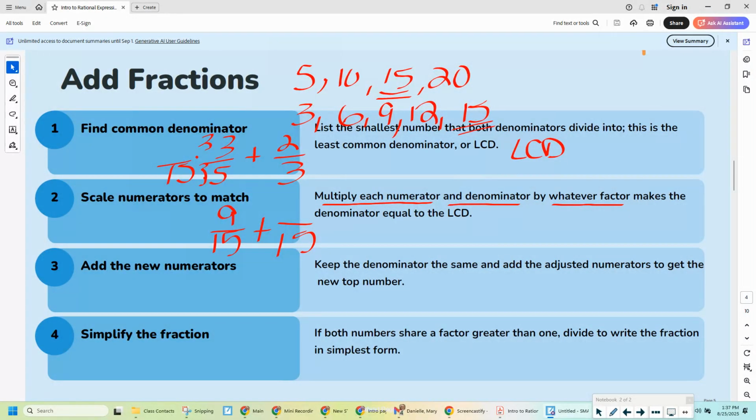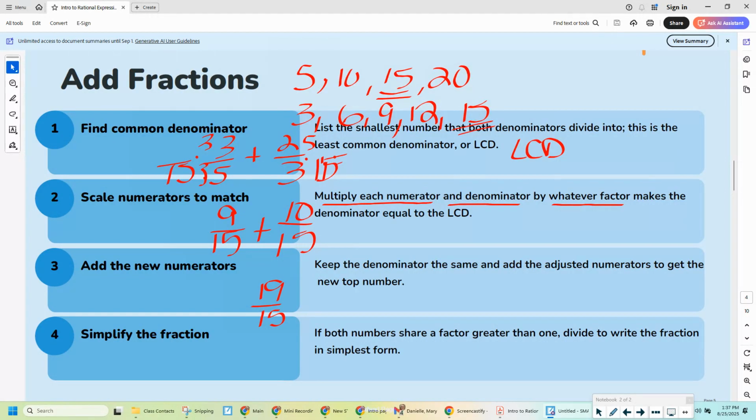On this side, how I came up with 15 was I had to multiply the denominator by 5. So I have to multiply the numerator by 5 to give me 10. All right, so now I have common denominators. Now I want to keep the denominator the same and add the adjusted numerators to get the new top number. So keep the denominator the same, add 9 plus 10 to give me 19.